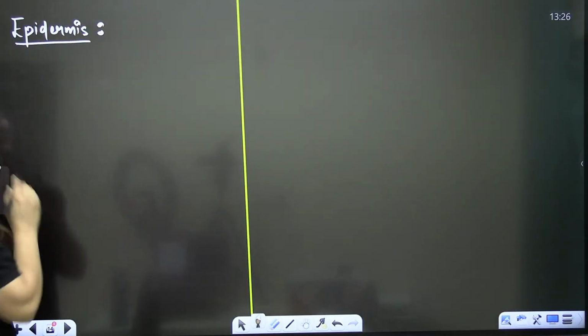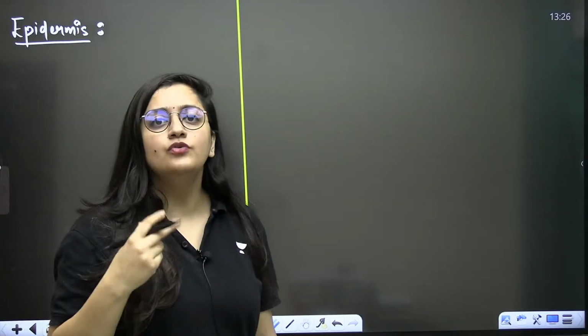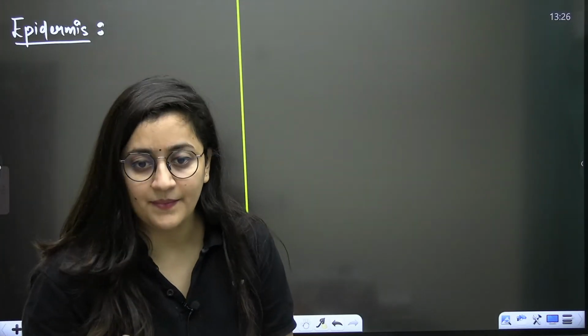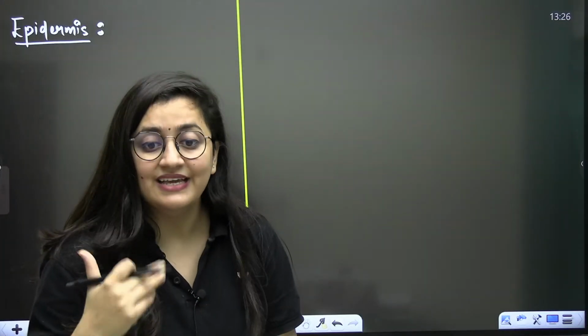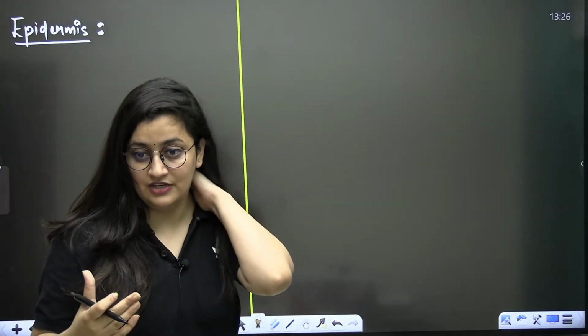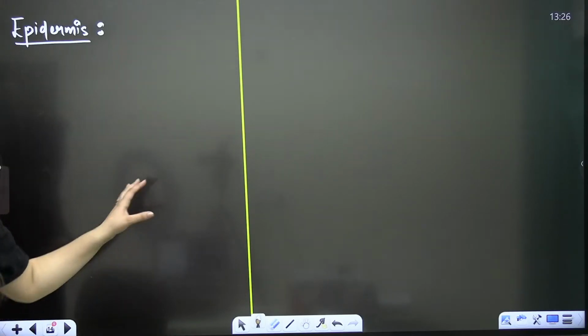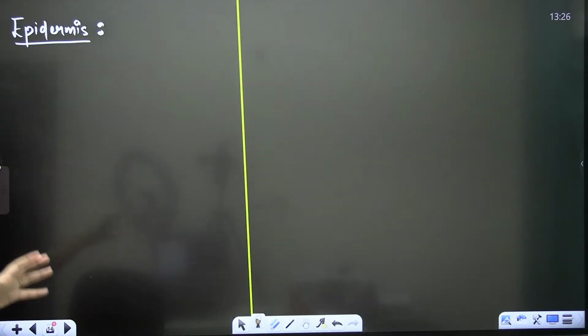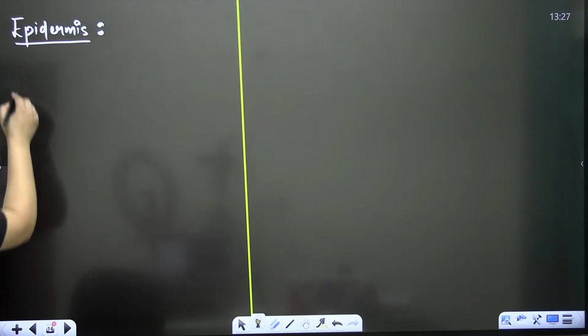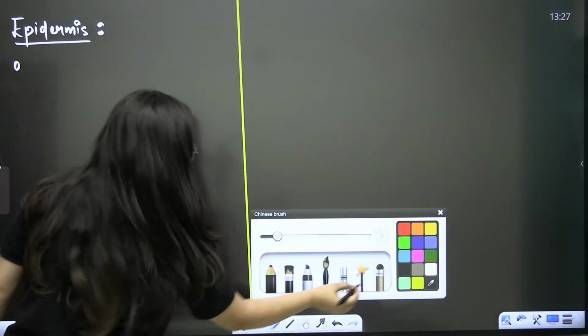So students, the epidermis is the outermost layer. Now it is a stem, so tell me, is it covered with the cuticle or not? We are talking about the epidermis here.